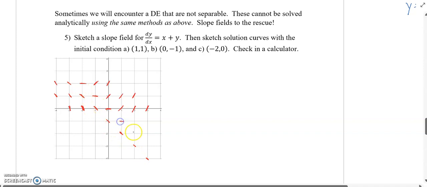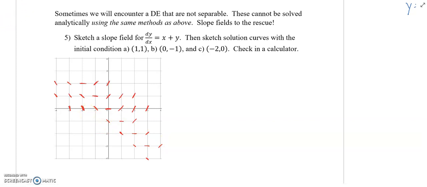And we've got a horizontal tangent line anywhere where x equals -y. And we've got a slope of 1 anytime x is 1 bigger than -y. Yeah, so we kind of have some shapes like this.